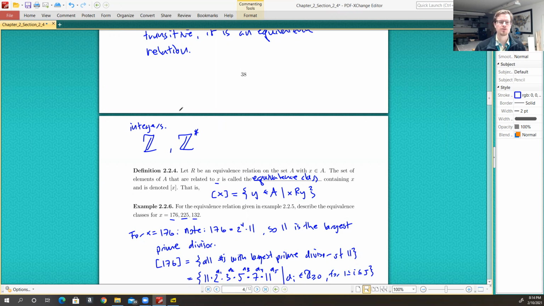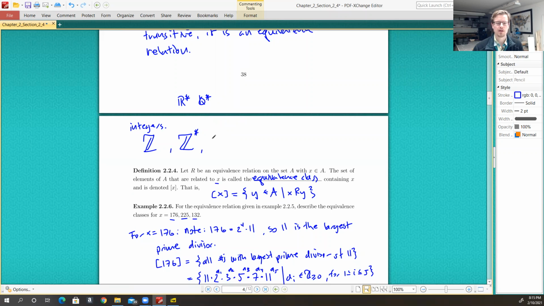The same thing goes for R star or Q star. These are all that set of numbers without 0. So Z star is the integers without 0, R star is the real numbers without 0, Q star is the rational numbers without 0.